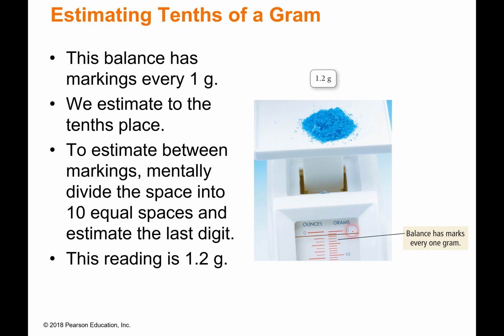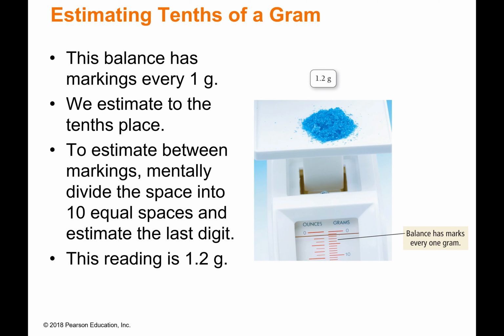If you were to go from 0 to 10 and count up all these little dashes, 1, 2, 3, 4, 5, 6, 7, 8, 9, 10, so there's 10. That means each line represents 1 gram. Suppose I wanted to read this balance and know how many grams of this blue substance there are, maybe a copper compound.